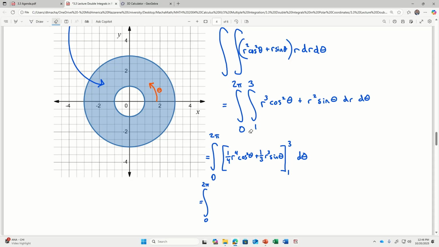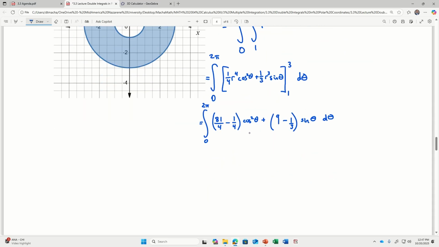Oops. And we obviously have to plug in the 3 for the r's and then the 1 for the r's. And we are going to get 81/4 minus 1/4 cosine squared theta plus 27 divided by 3, 9, minus 1/3 sine of theta d theta.